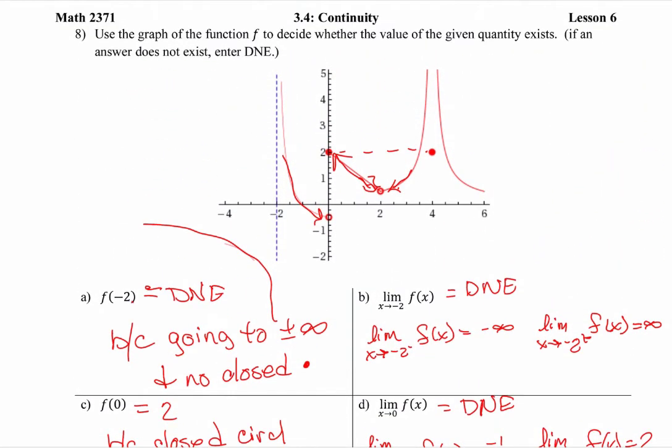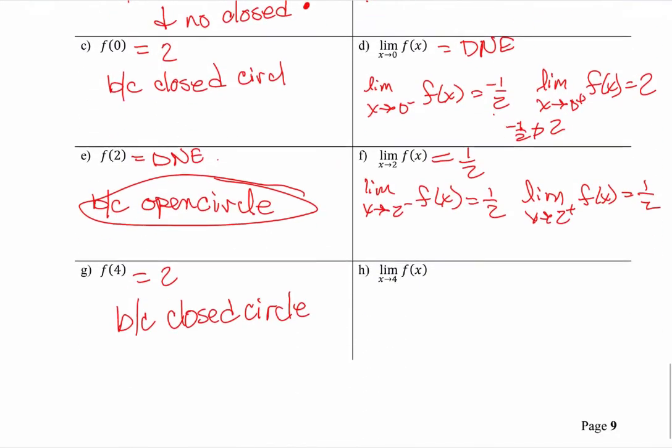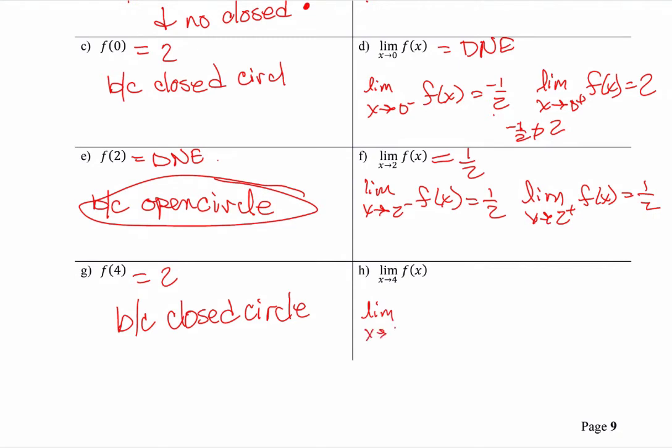All right, so notice as I go from the left, I'm going up to positive infinity, and from the right, I'm going up to positive infinity. So the limit as x goes to 4 from the left of f of x goes to positive infinity, and the limit as x goes to 4 from the right of f of x goes to positive infinity.